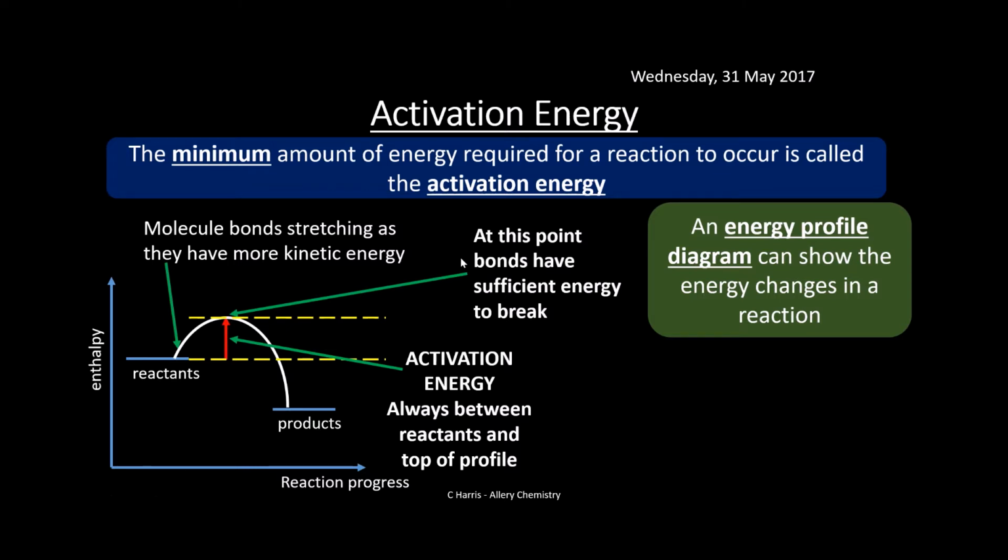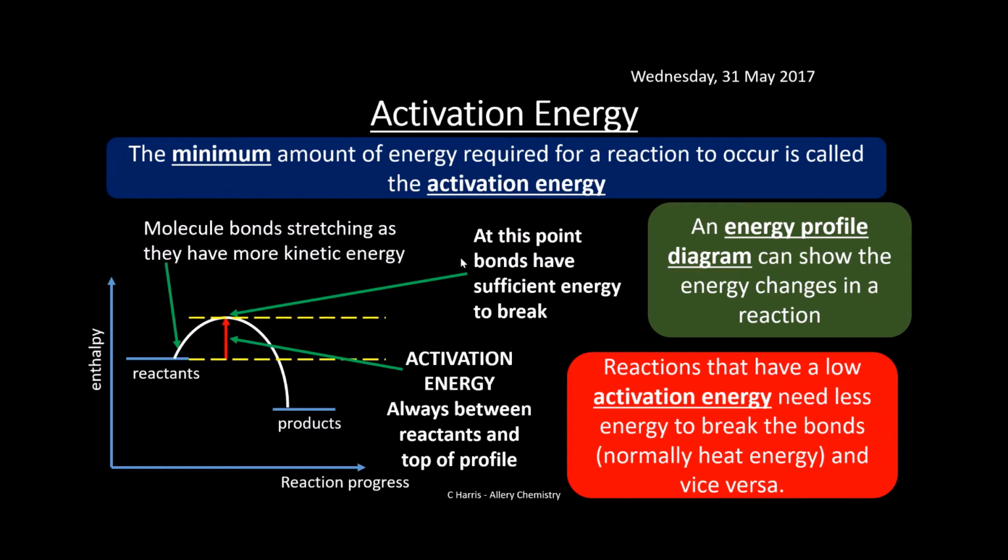Basically, at the top of the profile, the bonds have sufficient energy for them to break. So they have enough energy for them to break and actually collide. Now, reactions that have low activation energies need less energy to break the bonds. And normally, obviously, we're looking at heat energy in this case. And obviously vice versa. So if they have a large activation energy, you're going to need a lot more energy to break them bonds.